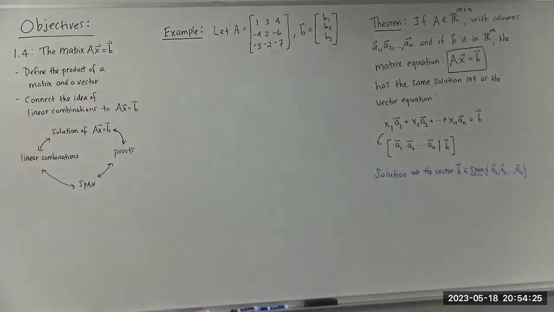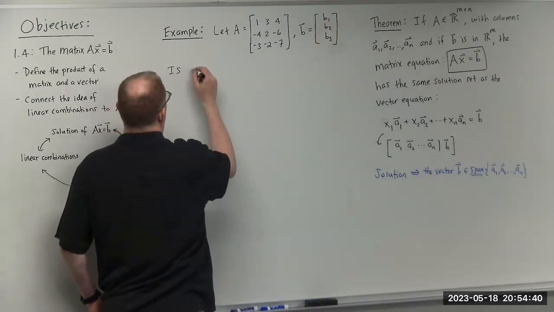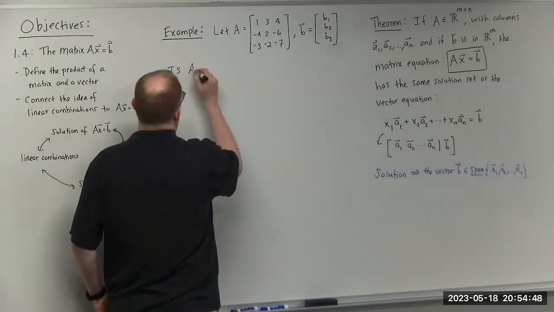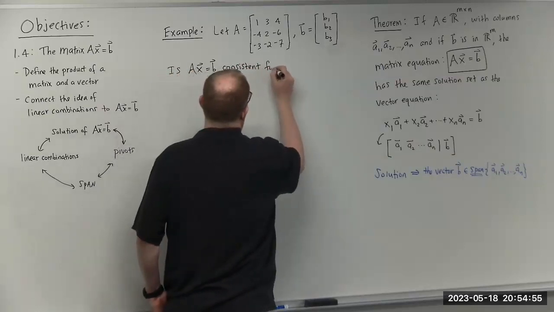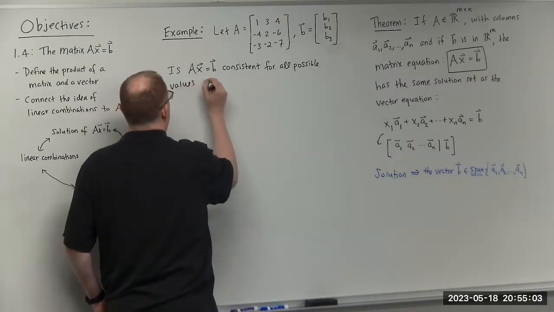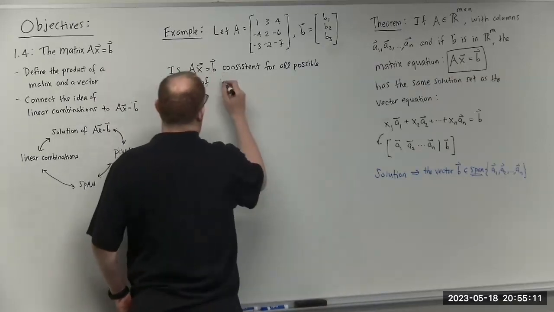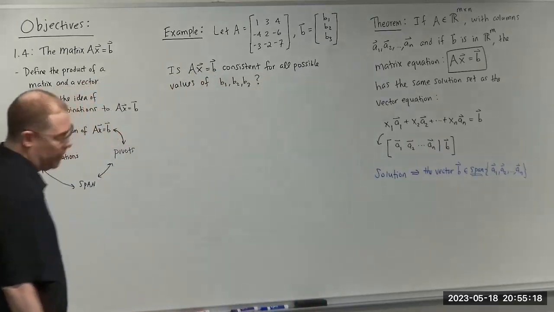So there's our matrix A, and there's our vector B. The question here is, is AX equal B consistent for all possible values of B1, B2, and B3?